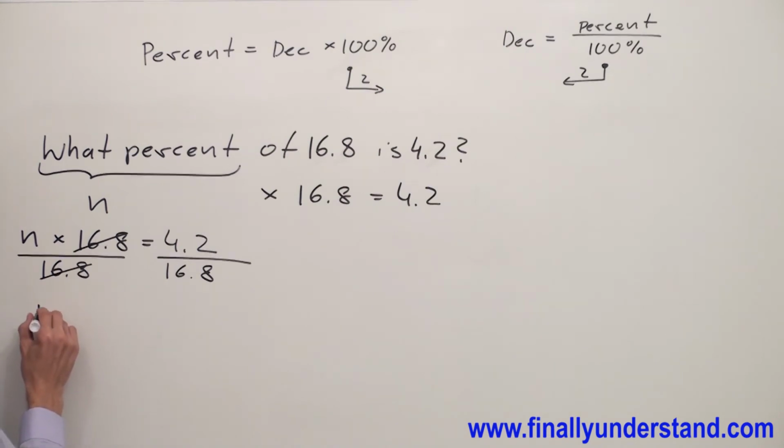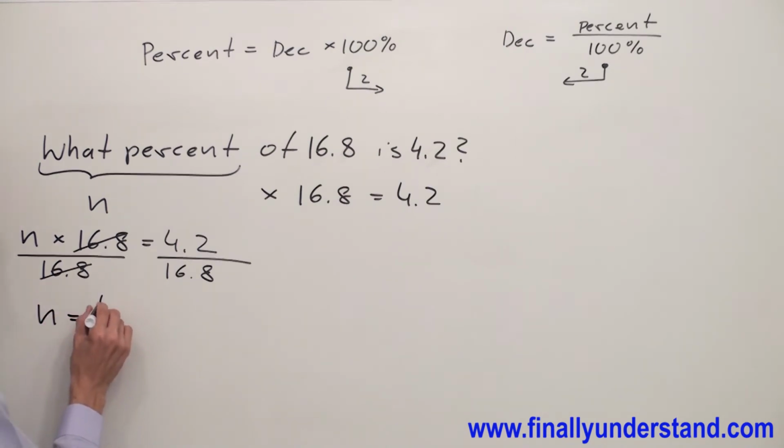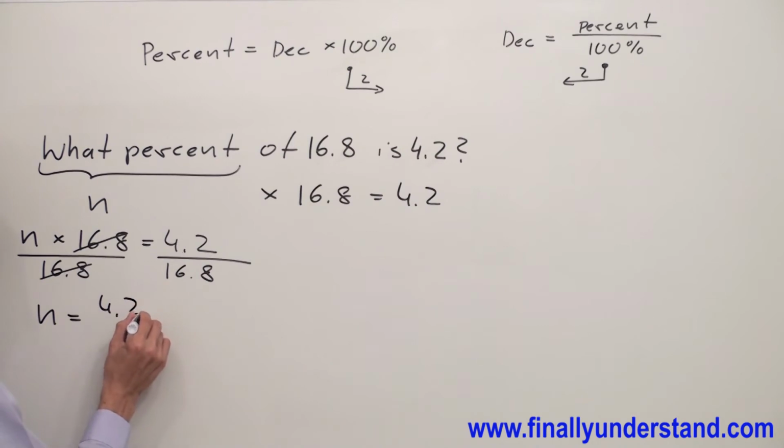And I have n equals 4.2 over 16.8. Now, let's take a look at these two numbers. I have 4.2 and I have 16.8. Check if we can reduce these two numbers, okay?